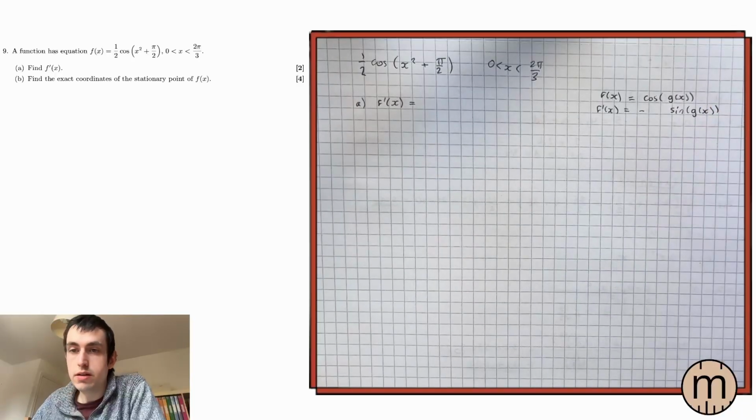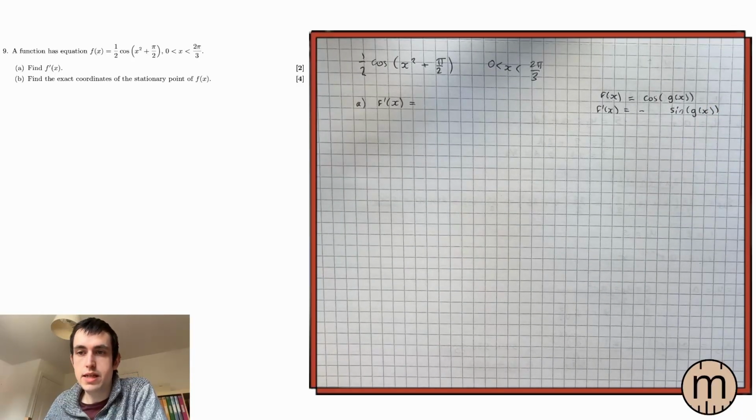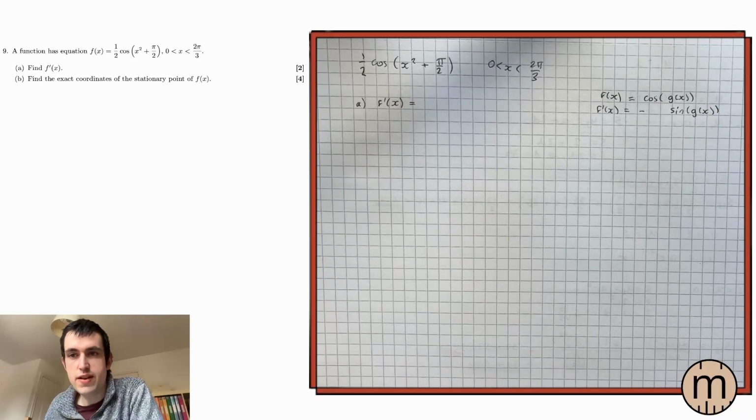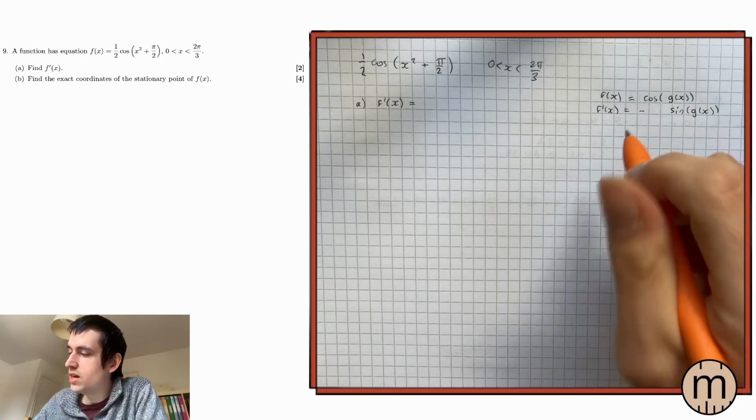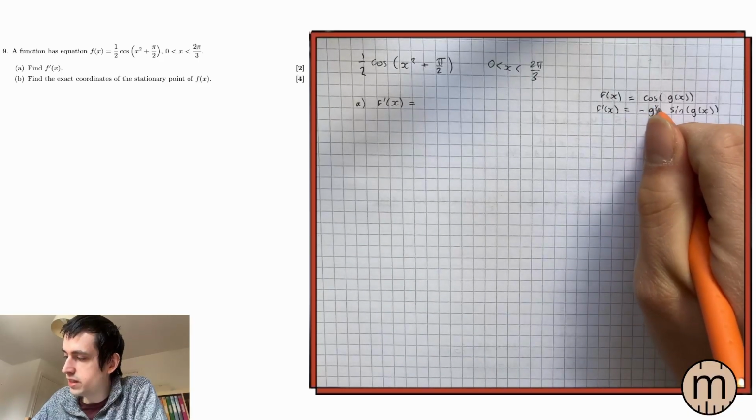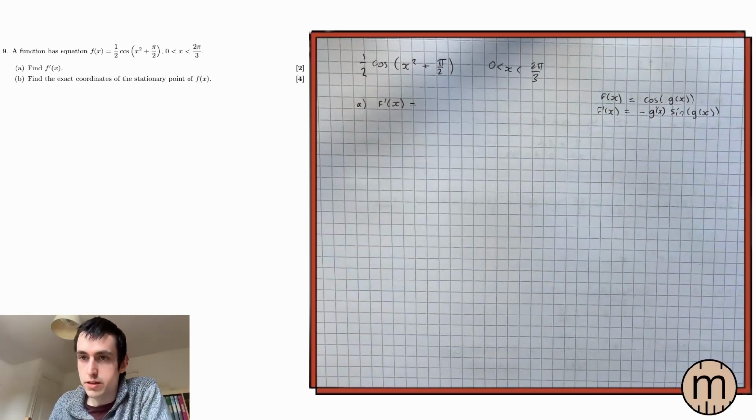So in an ideal world, the answer would be minus sine and then just stick the g of x in. But that's not right, and it's not an ideal world. You have to times by the derivative of g because of the chain rule.